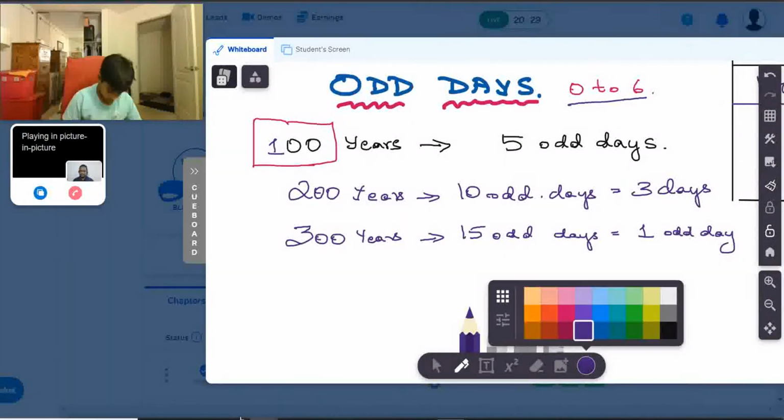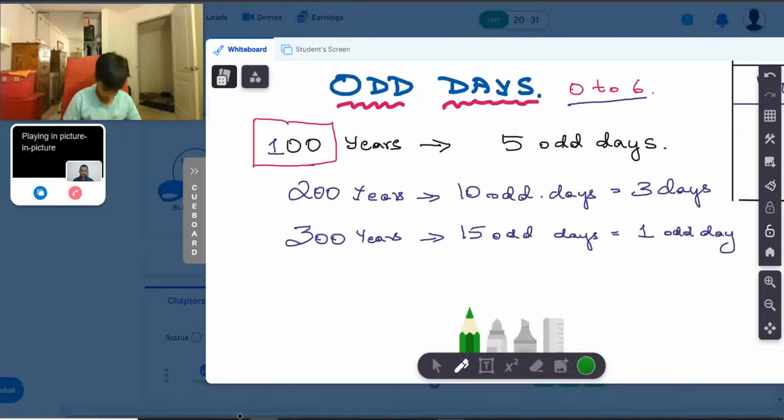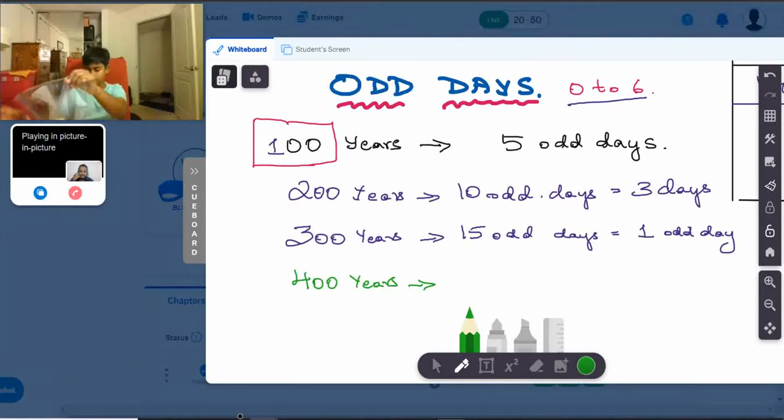Okay. Now we are going to do something important, which is 400 years. Do you remember that in the beginning we discussed leap years? We discussed that 400 is a leap year.